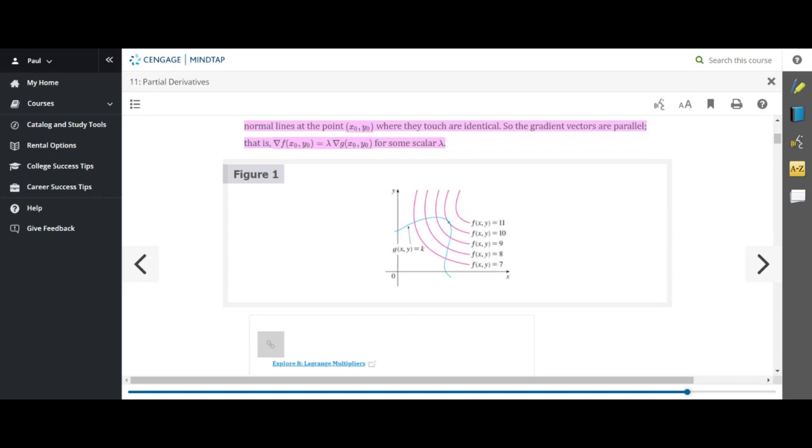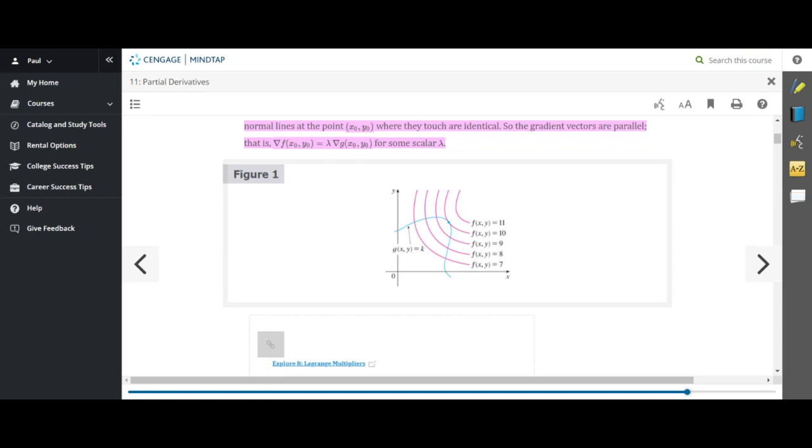So you see, as you move along that blue constraint curve, think of all the coordinates on that blue constraint curve. The blue dot on the constraint curve is the coordinate xy such that the constraint is satisfied and the function is maximized.